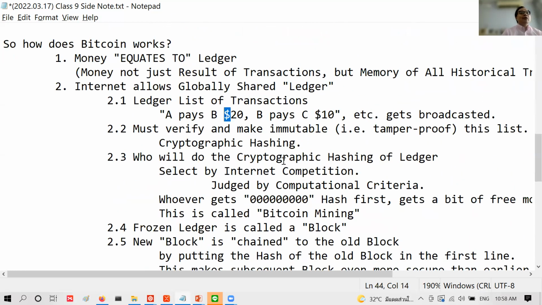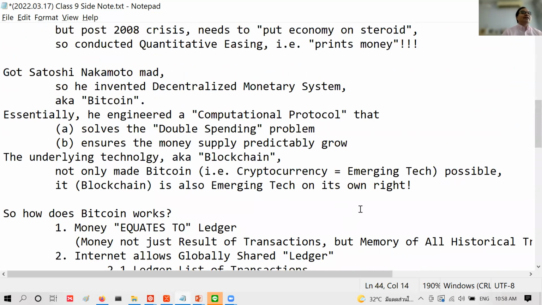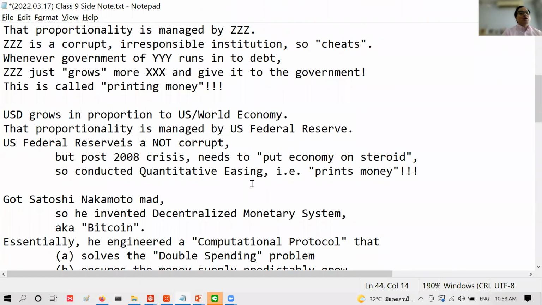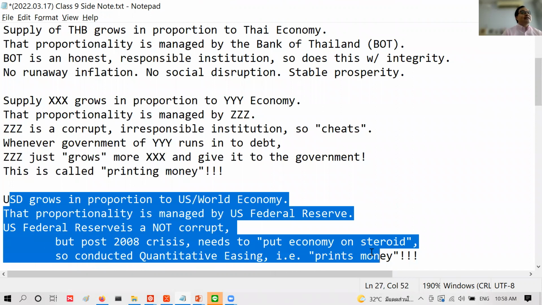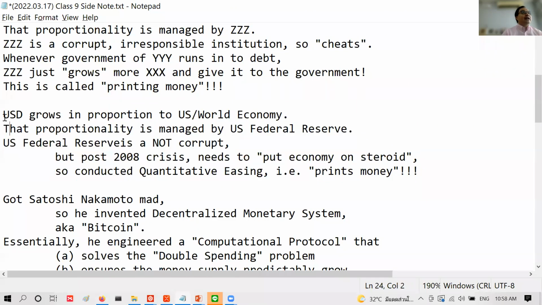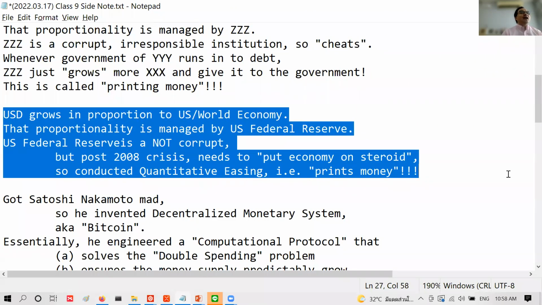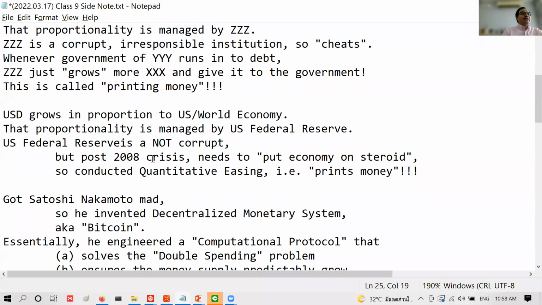Moreover, with the dollar right now, the dollar is basically controlled by the Fed. The Fed can do this anytime. Now, last time we understood that the Fed has to do this because of this, so we kind of turned a blind eye. It's called quantitative easing.